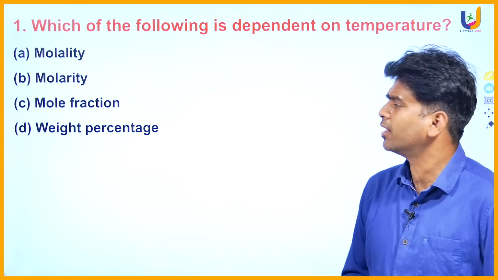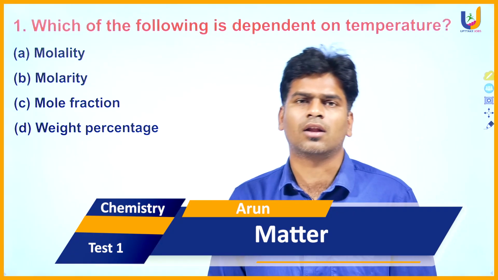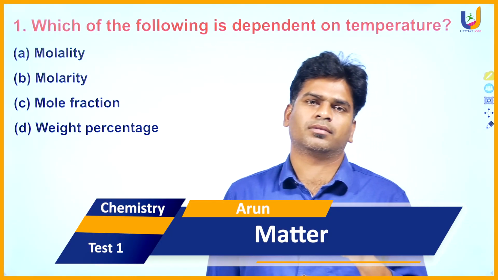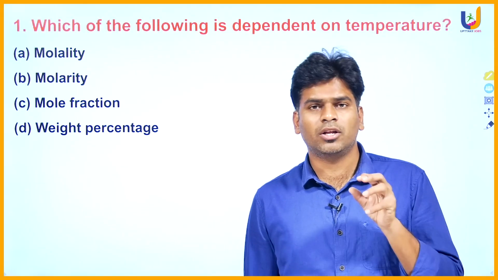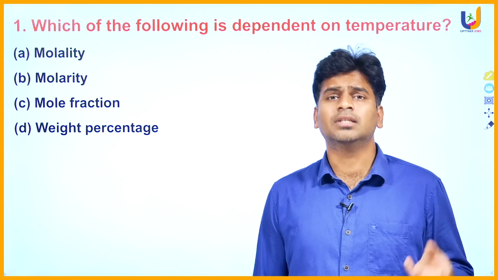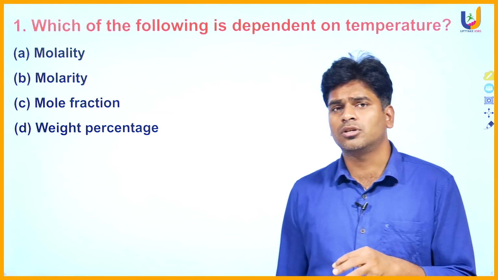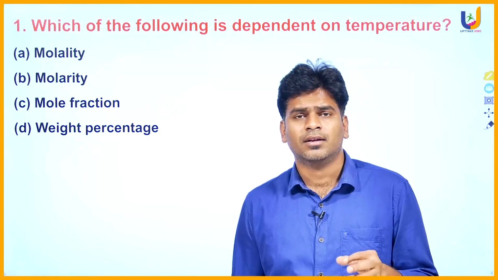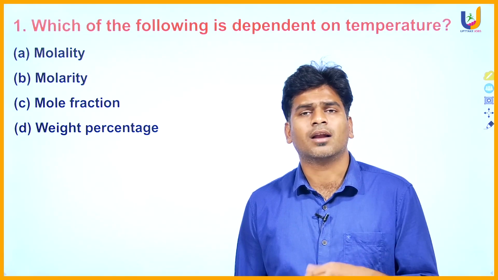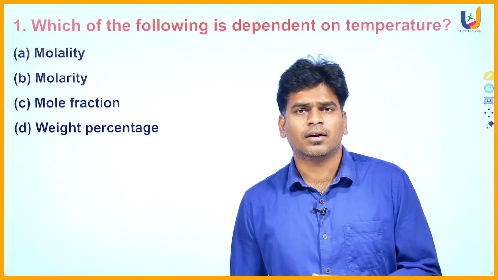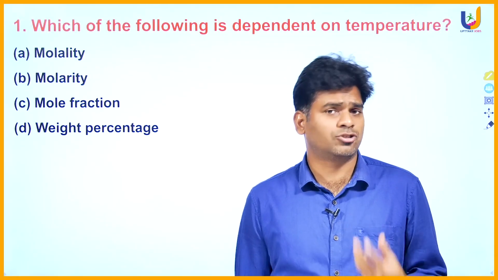So let's see question number 1. First, before we discuss the question and answers, we have to know thoroughly what the solution chapter is. What are the important topics in the solution chapter? Colligative properties: the formulas of the colligative properties and the concentration terms like molarity, molality, weight percentage, volume percentage, weight/volume percentage, normality, and the normality formula, molarity formula, mole fraction formula.